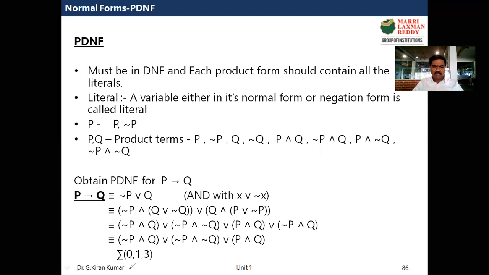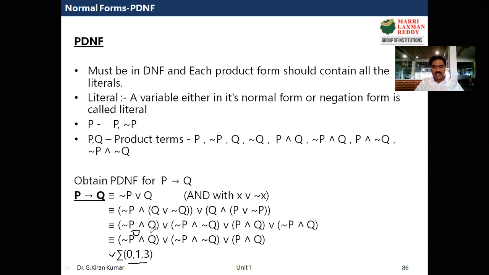So since it is sum of elementary products, we write sigma. Some normal in the mathematics we use sigma. Then why these numbers are written? Observe carefully. If the literal is in the negation form, we take as 0. And if the literal is without negation, we take as 1. Okay, so here P literal is with the negation, therefore we take this as a 0.